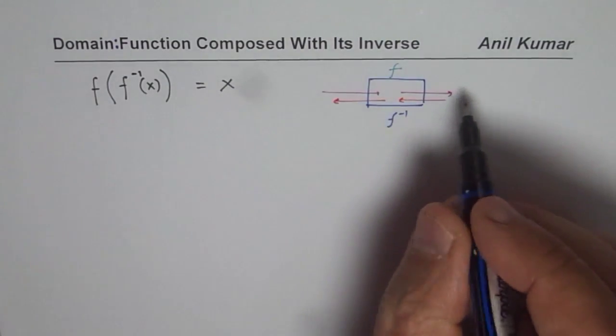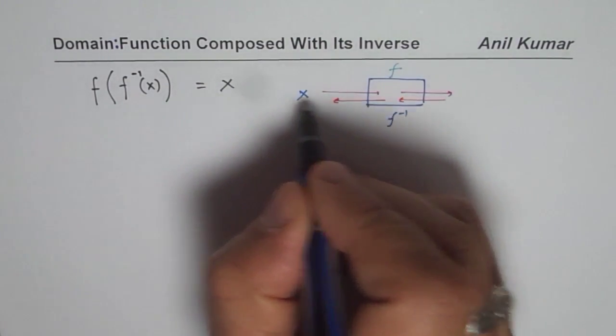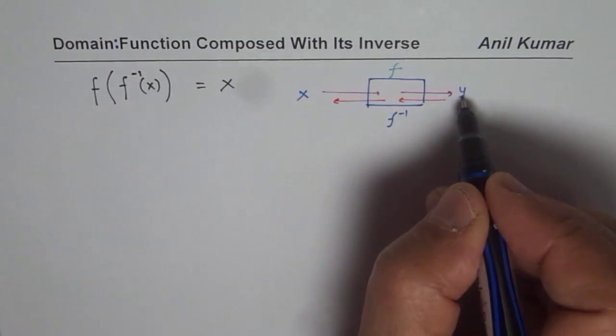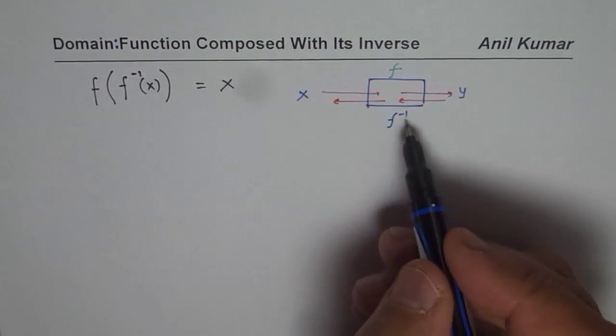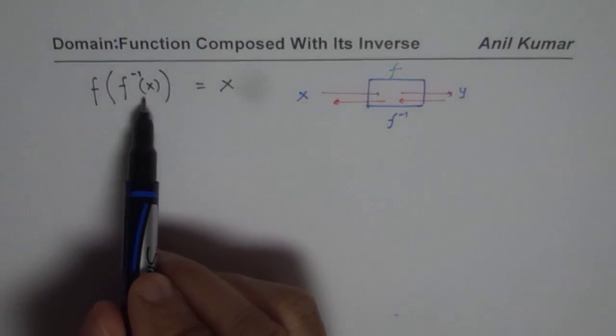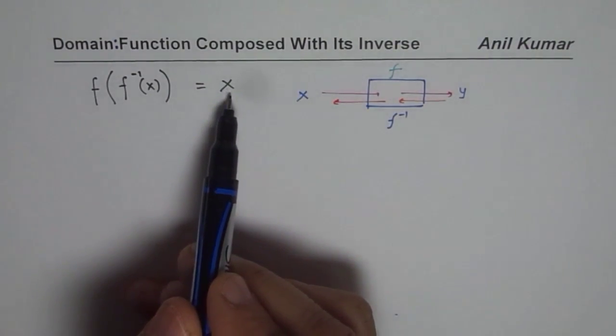Do you understand? If x is the input, then y is the output, but when you throw in y, you should get x with the inverse of a function. So that is kind of the definition, and therefore f of f inverse x is always x.